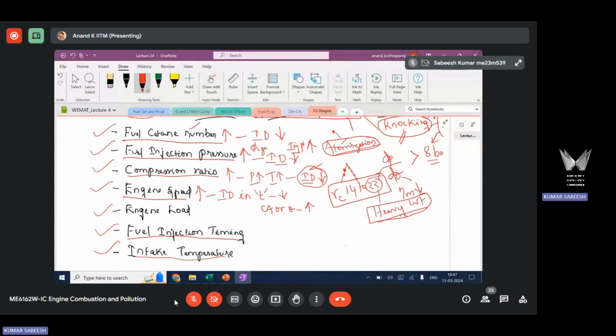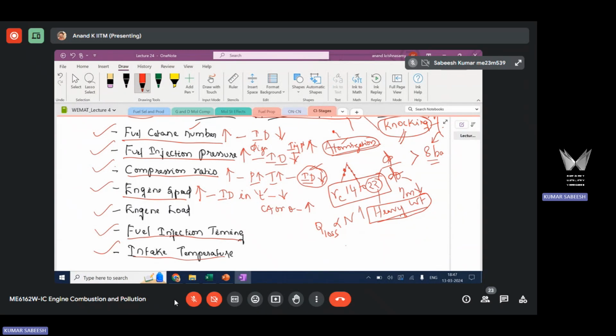The other important effect of increasing engine speed is that the time available for heat loss is a function of engine speed.